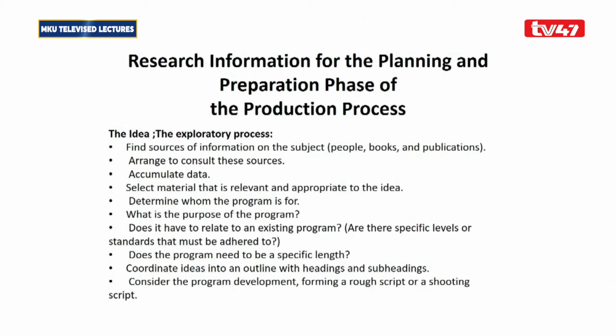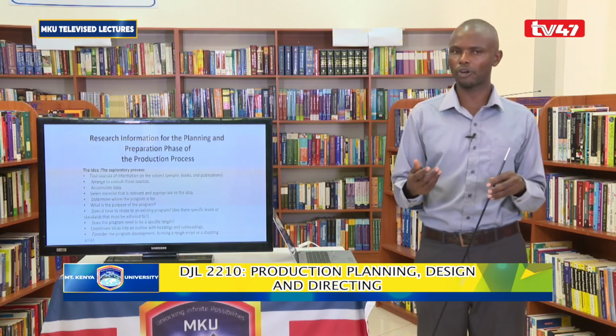Now, the next stage is for you to accumulate data. Of course, you have met the people, you have gone through the books, and you have written down all that information that you need. The next step is for you to select the material that is relevant and appropriate to the idea. When you are reading, you get so much information, and there's nothing wrong with that.